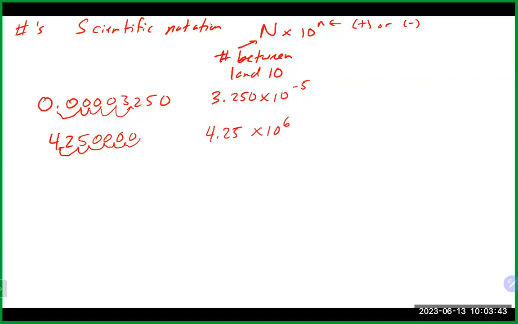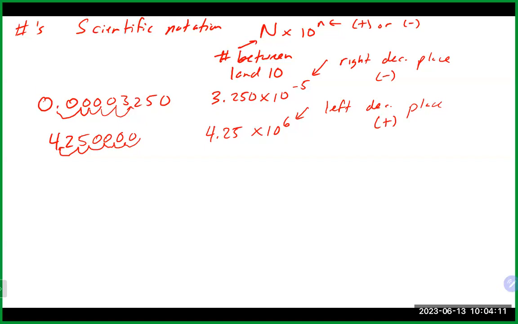When we move the decimal place to the right, we end up with a negative exponent, right? And when we move it to the left, we end up with a positive one. Or you could just remember a large number should have a positive exponent. A small number should have a negative exponent.